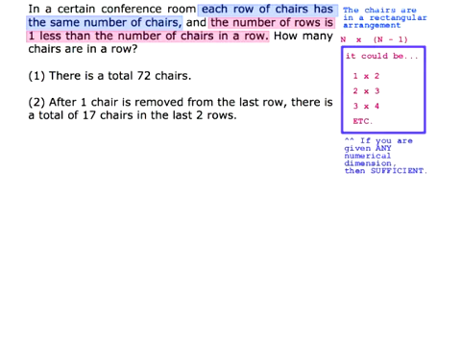72 chairs happens to be 8 by 9, but the point is you don't even have to bother. Let's say instead of 72 chairs, I gave you 45,582 chairs.